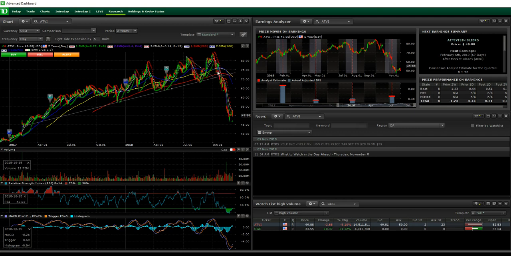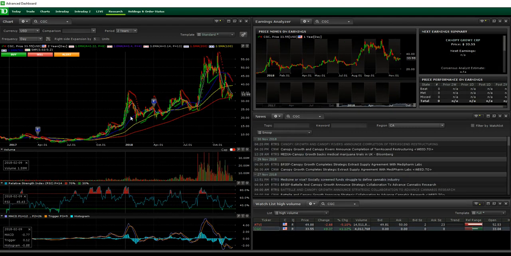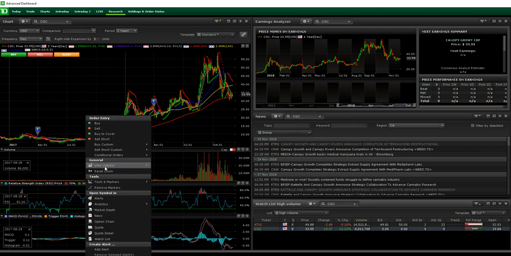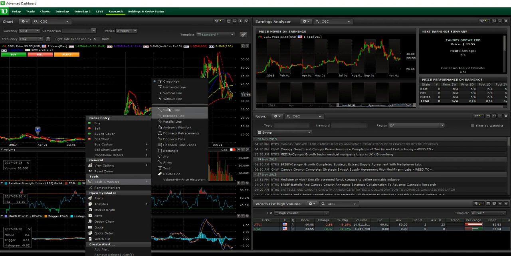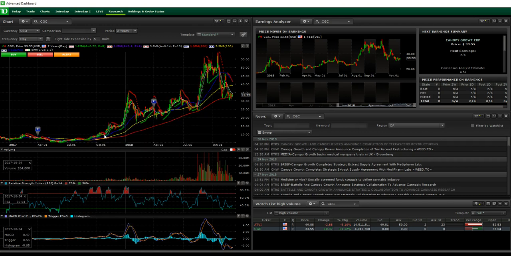Now let's take a look at another example. We have Canopy Growth Corporation here. If I draw the trend line for this one, we could say roughly that this would be the long-term trend, and at moments where it touches that trend line, you would buy.